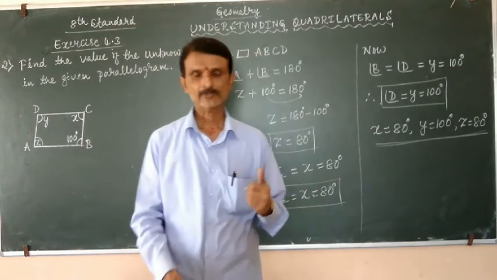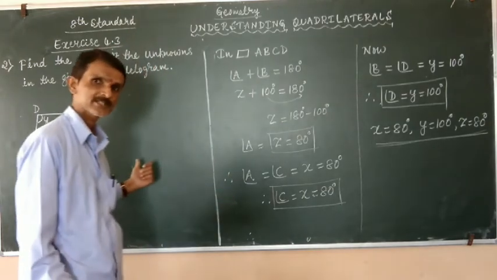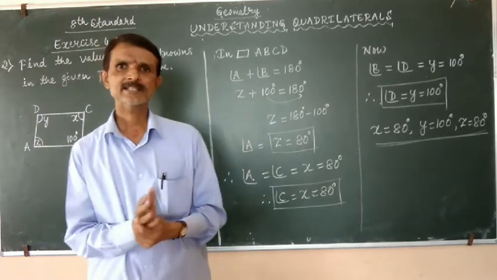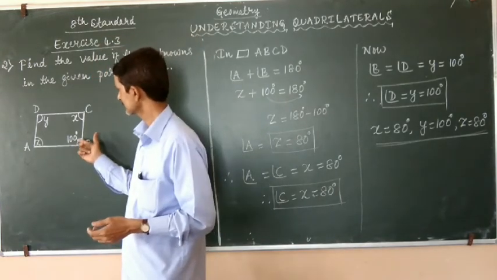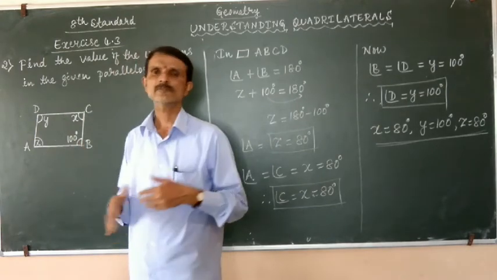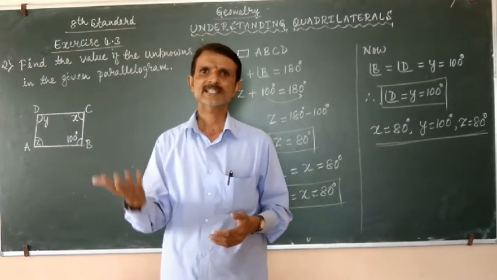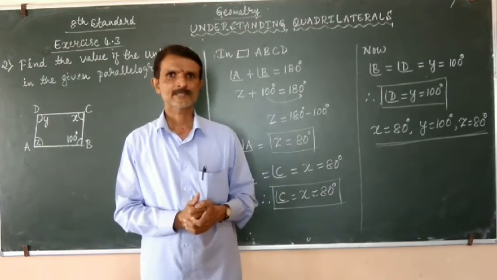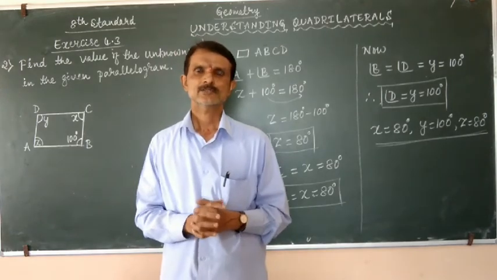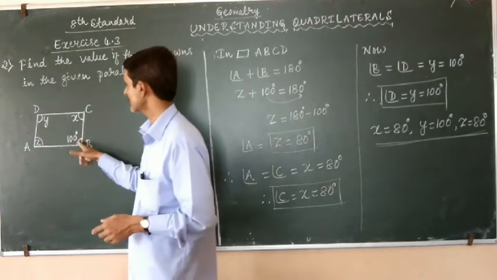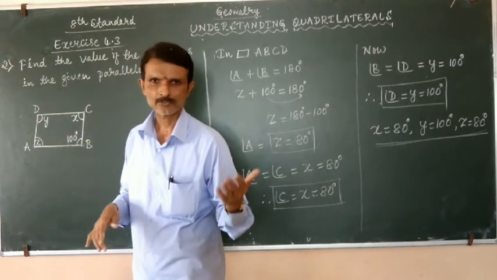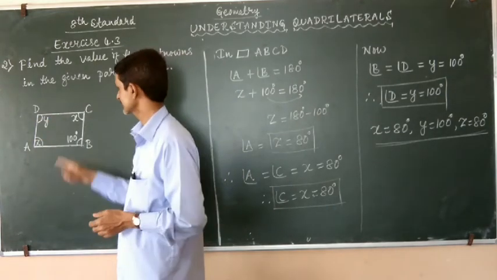Students, you have to remember from this problem, if they have given the measurement of any one angle of the parallelogram, we can find out the other three angles of a parallelogram by using the angle property. So the angle property is, opposite angles of a parallelogram are equal.